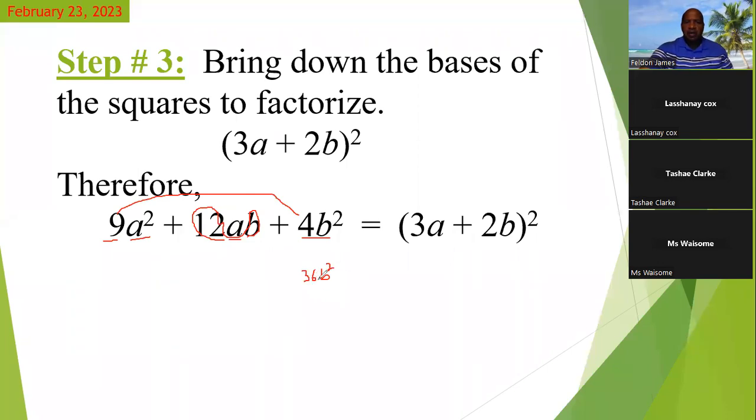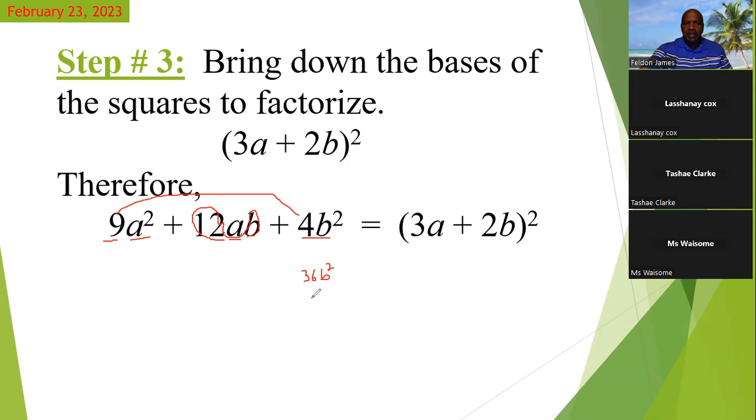So what two numbers do you multiply to get 36, and when you add them, you get 12? 6 times 6, sir. Huh? 6, sir. All right, so 6 times 6, right?